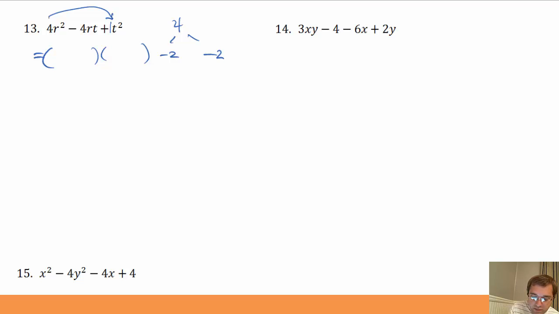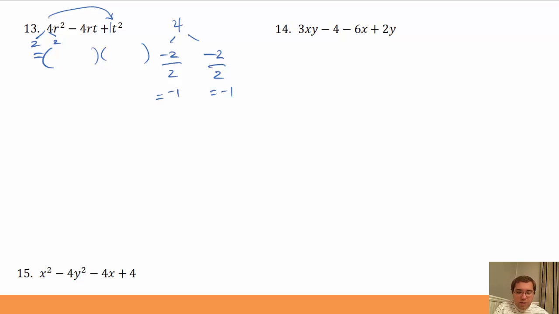You're just going to do an r and a t in both positions in both sets of parentheses. But before I go any further, I need to divide either by 4, which I don't want to do because 4 doesn't go into negative 2 or negative 2, or I can split up that beginning 4 into 2 times 2 and divide each of them by 2, making negative 1 and negative 1. Okay?